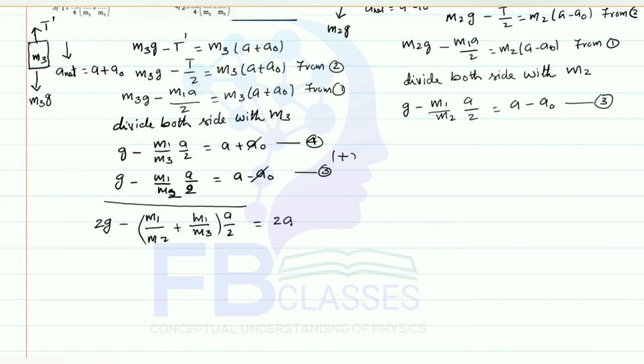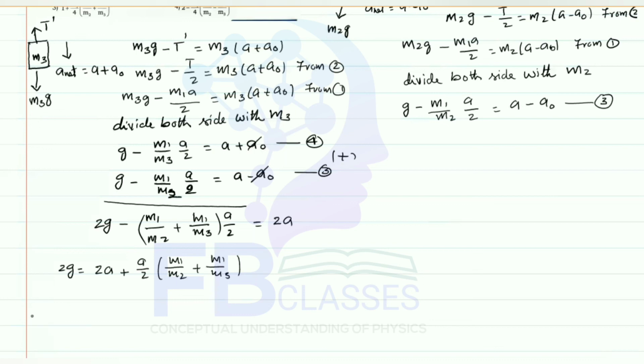Now we have to find the a value. So this equation I am going to make, send that side. So 2g is equal to 2a plus a by 2 into m1 by m2 plus m1 by m3.